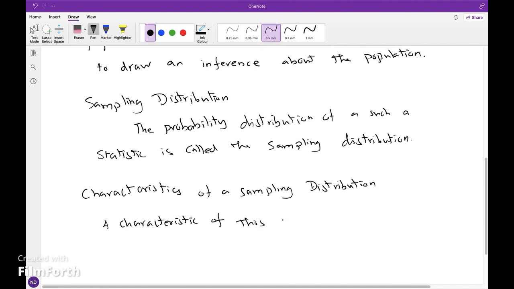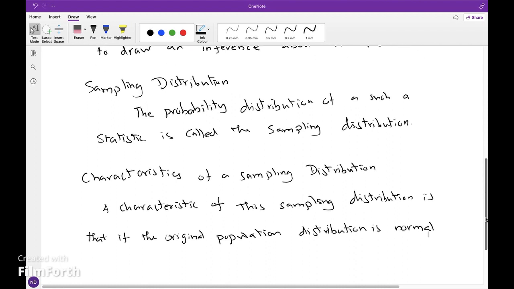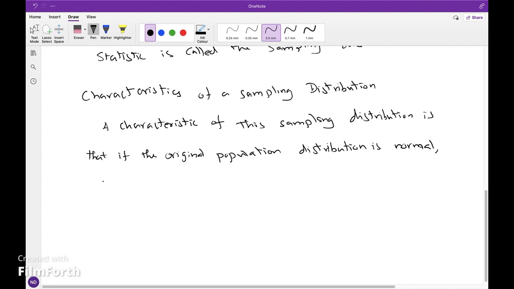A characteristic of a sampling distribution is that if the original population distribution is normal, the sampling distribution of the mean will also be normal.